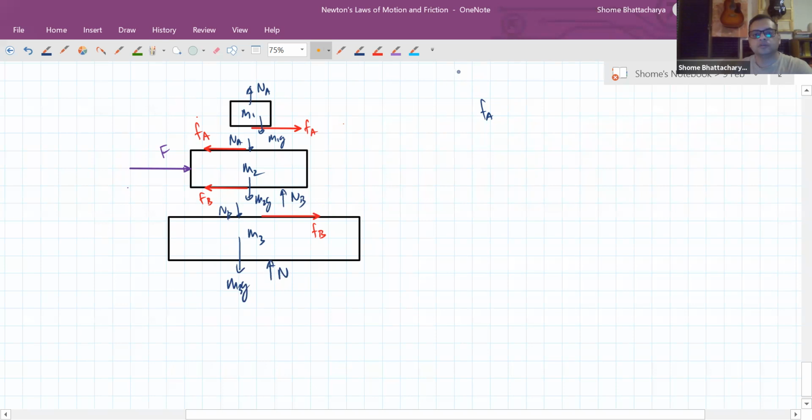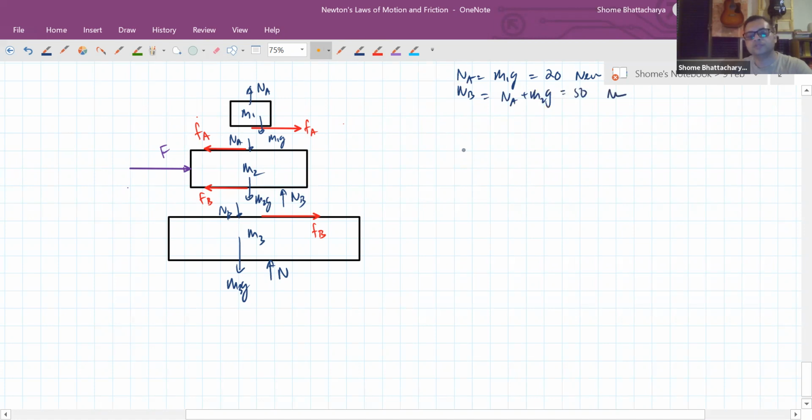NA is equal to the weight of this block, which we can see will be 20 newtons, taking the value of g as 10. And NB will be equal to the sum of NA plus the weight of the second block. So that will become 50 newtons.